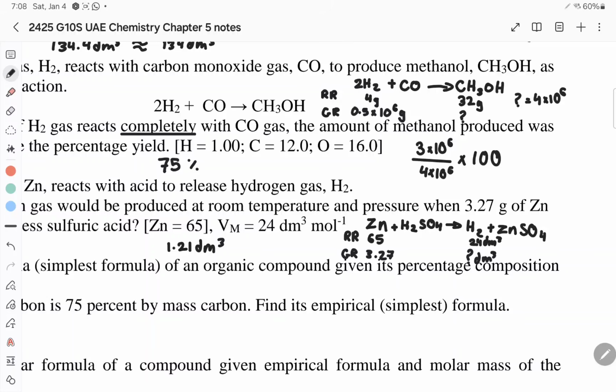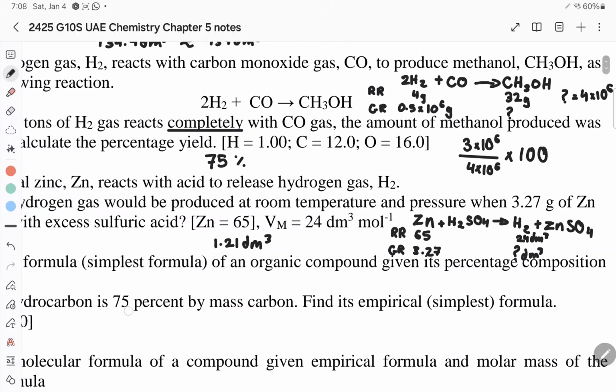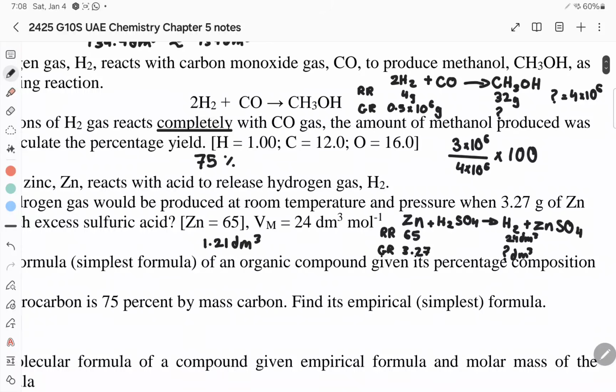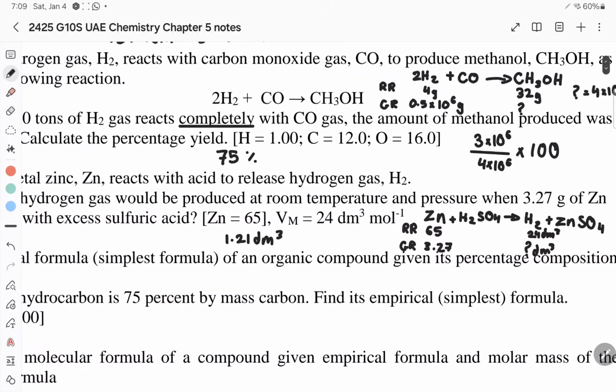It's actually 1.20738, but we round it to 3 significant figures because all our givens are in 3 significant figures. By the way, when looking at the givens, you always take the givens like this. You don't take fixed values like these two as your significant figures.